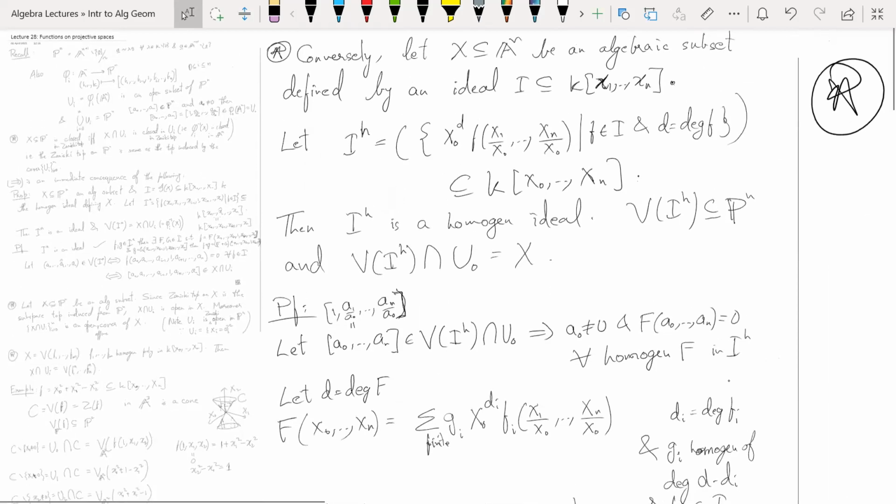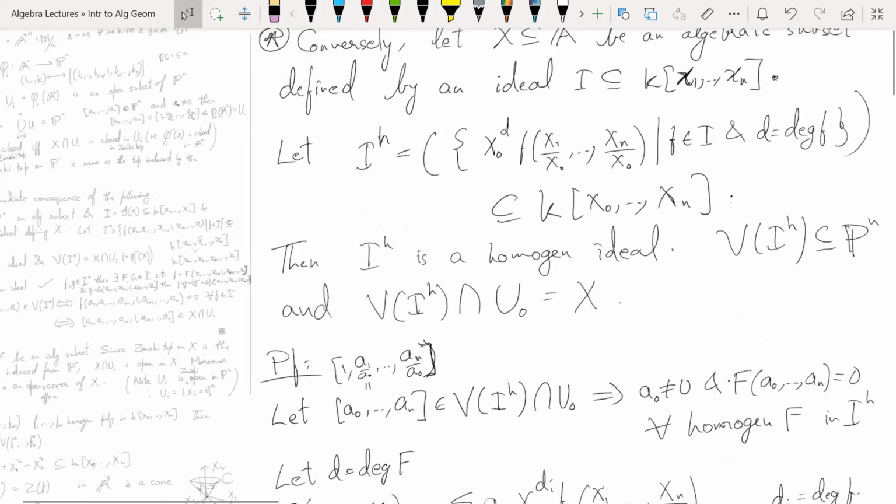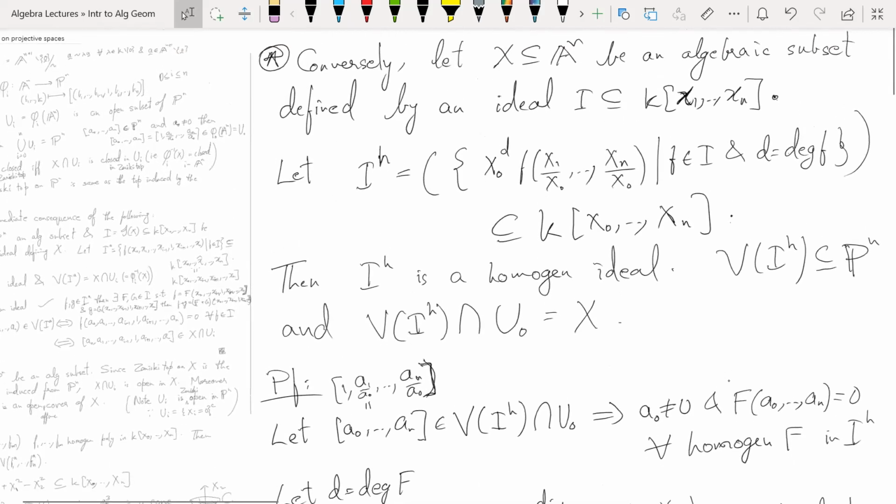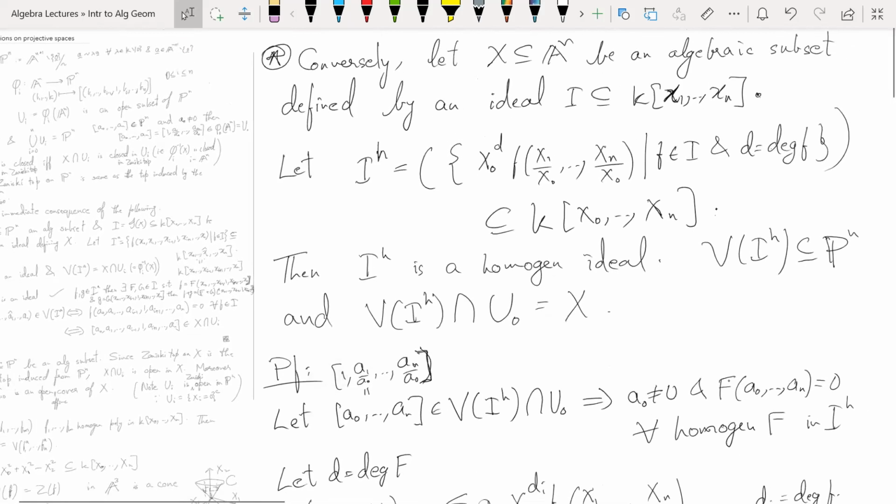Depending upon how you think of An in Pn, you'll get different kinds of extensions. So suppose X in An is an algebraic subset defined by some ideal I.